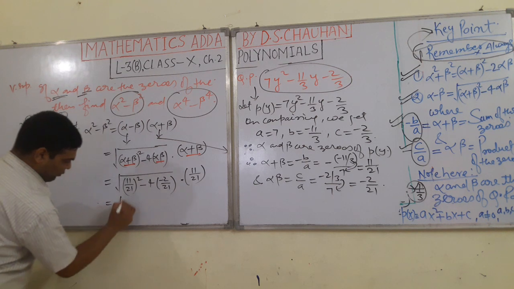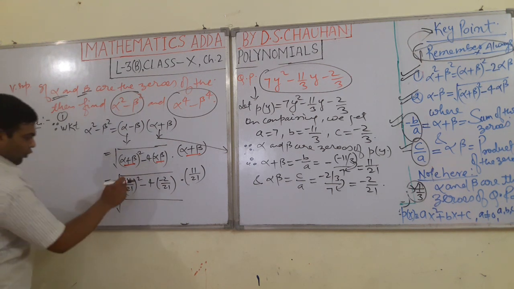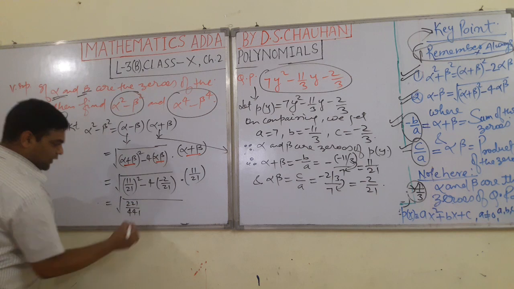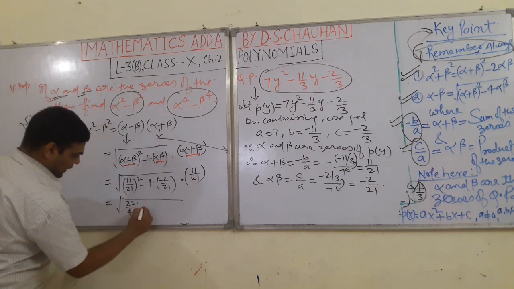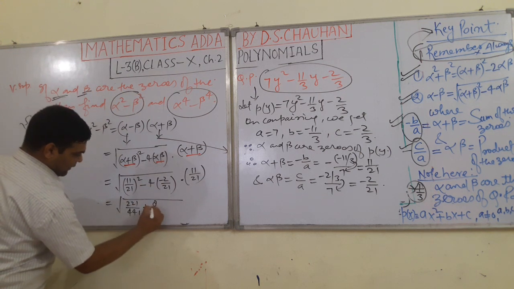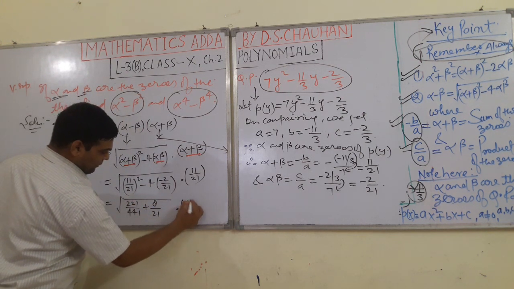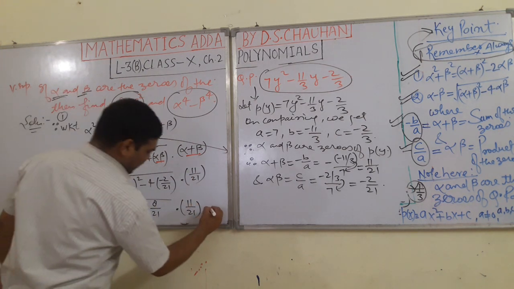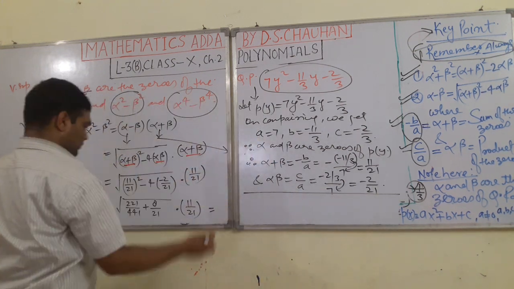The square of 11 upon 21 is 121 upon 441, minus minus plus, it is 4 into 8 upon 21 into 11 upon 21. As you simplify this expression, students, try to understand.